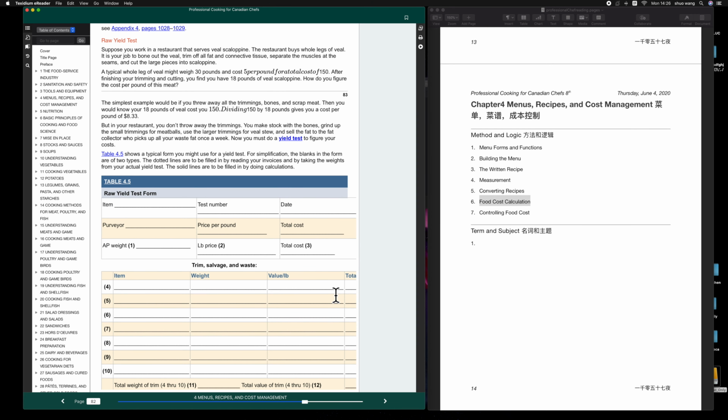Raw yield test. Suppose you work in a restaurant that serves veal scallopine. The restaurant buys whole legs of veal.